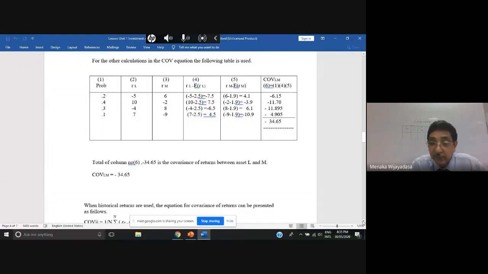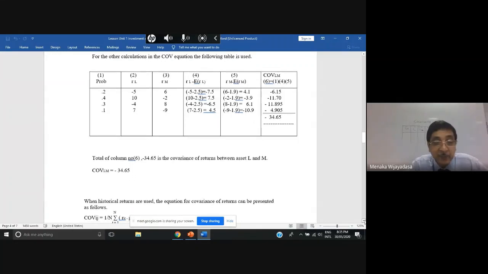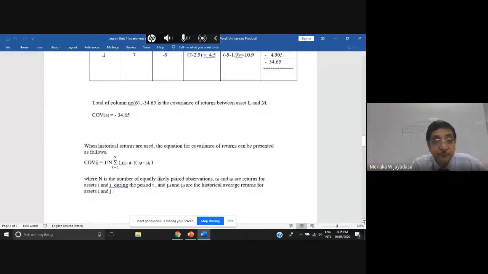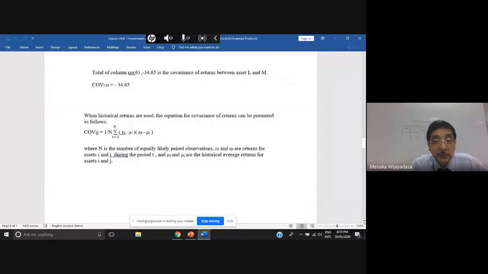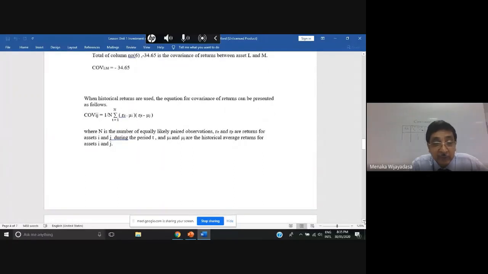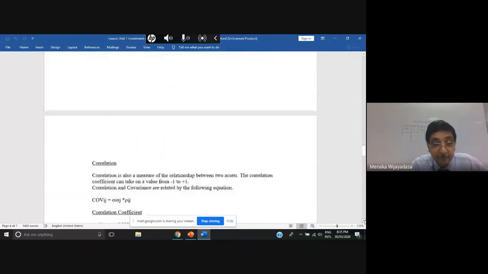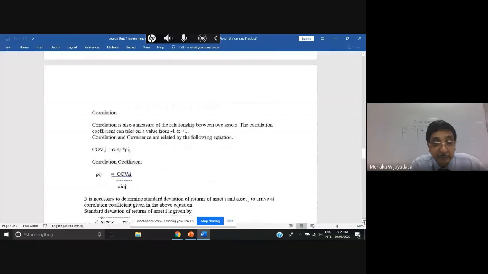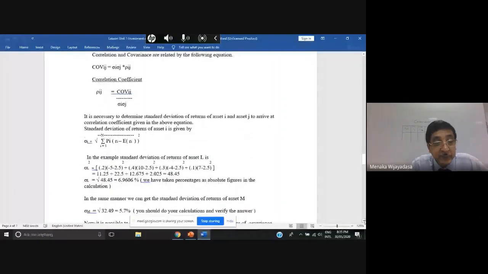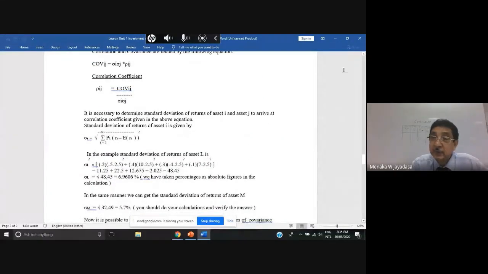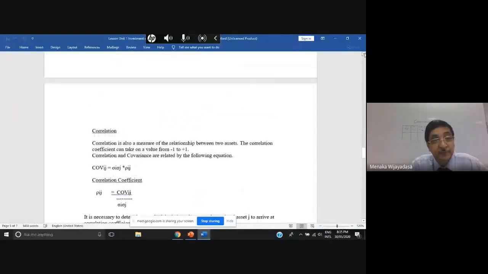Now you can just look at the next part of it. In the next part, the explanation is given how we calculate the historical things. If you have historical figures, how are you going to calculate the covariance?